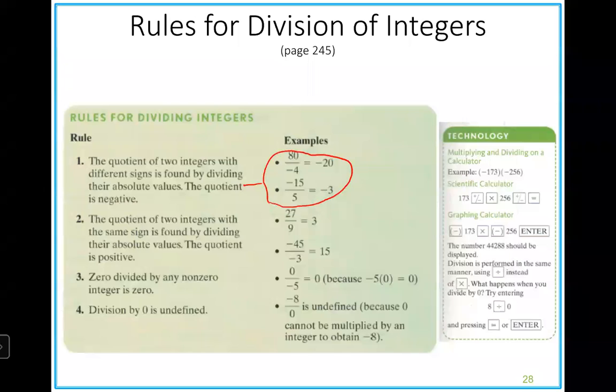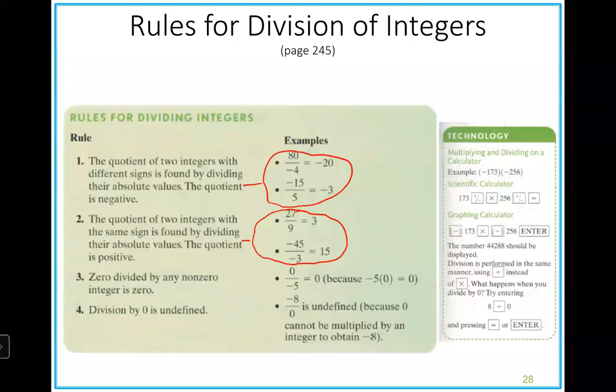And now rule 2 says the quotient of two integers with the same sign is found by dividing the absolute values. The quotient is positive. So these next two examples are referring to rule 2. So 27 divided by 9 is 3, and negative 45 divided by negative 3 is 15. So it is the same rule as when we are doing multiplication.